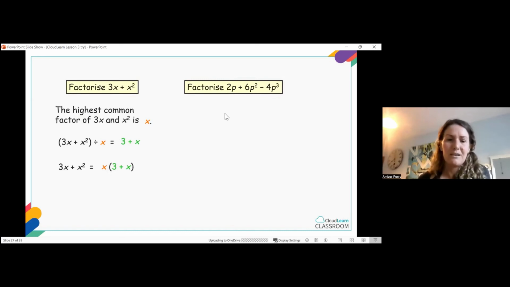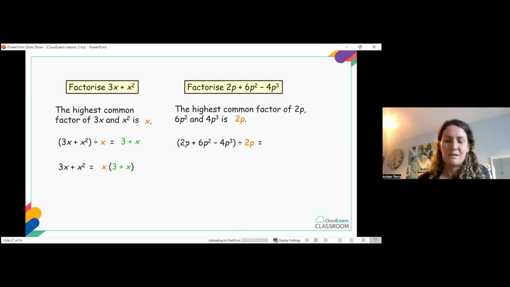So we said the highest common factor of 2p, 6p squared, and 4p cubed is 2p. So now we need to divide each term by 2p. So 2p divided by 2p gives 1, 6p squared divided by 2p gives 3p, and minus 4p cubed divided by 2p is minus 2p squared.